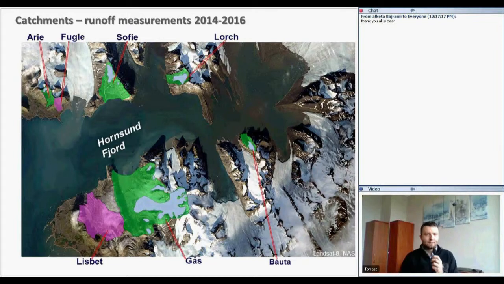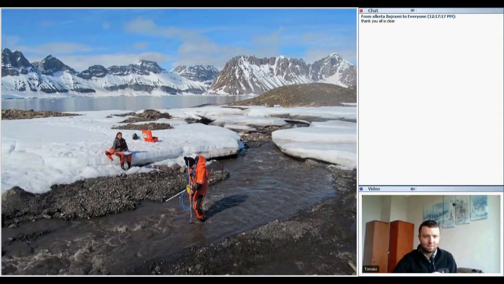And we do such measurements in different catchments in Hornsund Fjord on Svalbard, in the biggest island of Svalbard, in Spitsbergen. So we measure outflow from different catchments because we are interested in how much fresh water goes to the sea. And we conduct measurements throughout the ablation season.